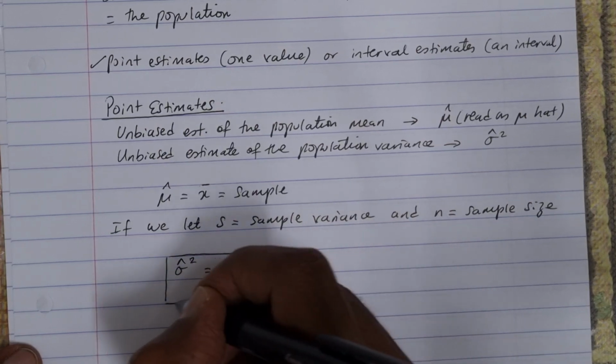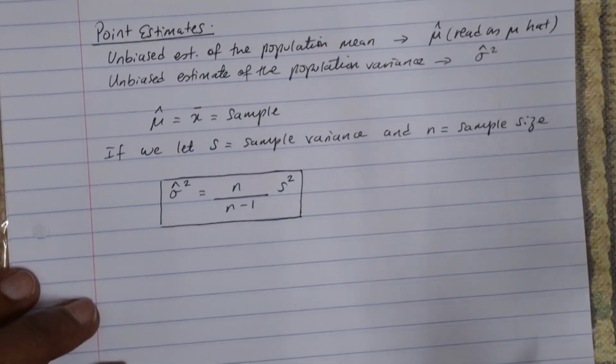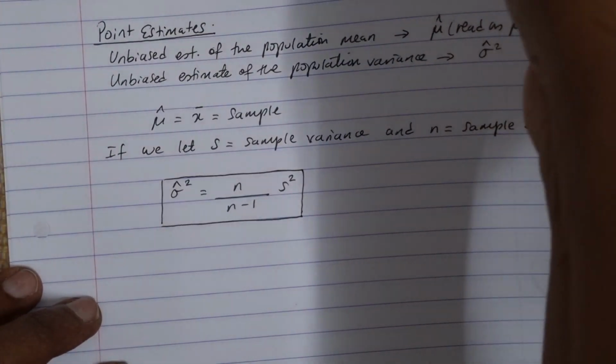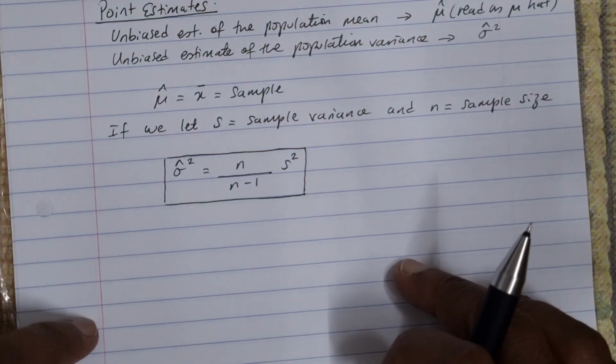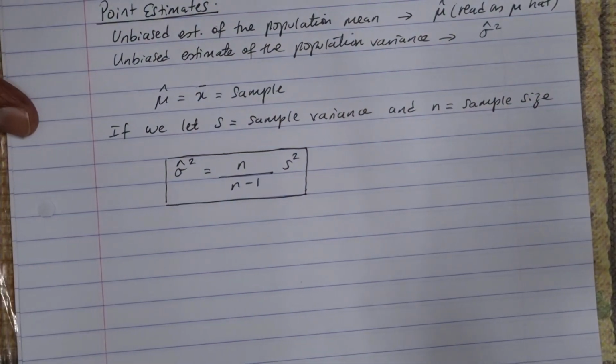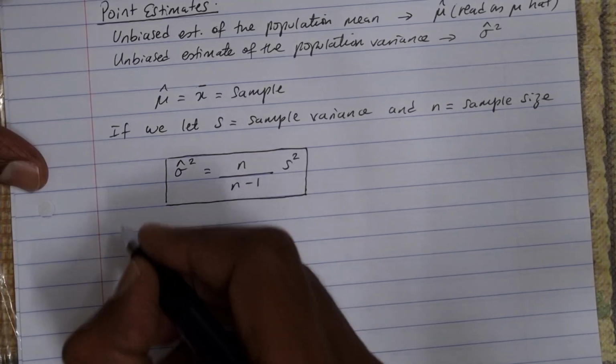Now, there are many ways of writing the formula, but before we move on to the formula itself, we can also talk about the unbiased estimate of the sample proportion.